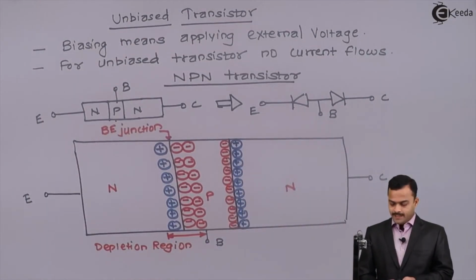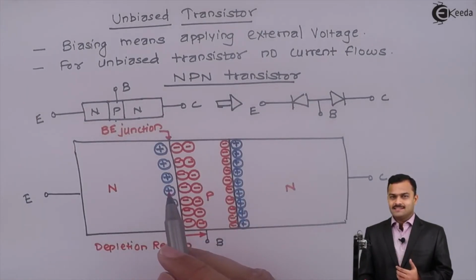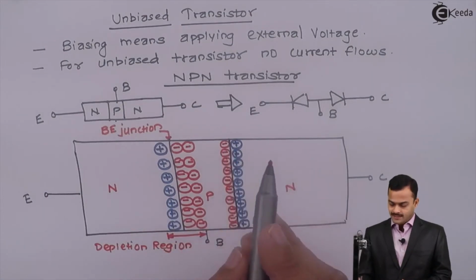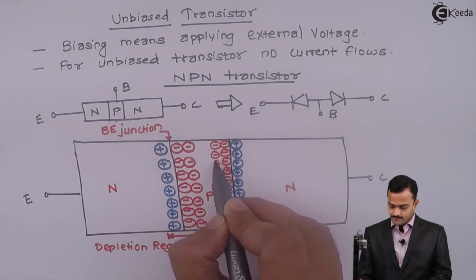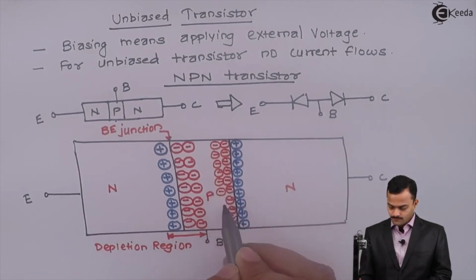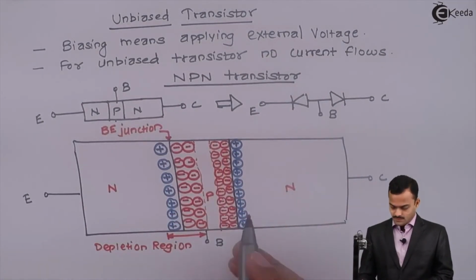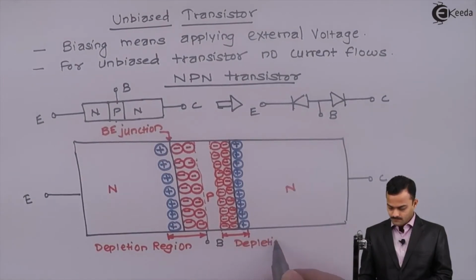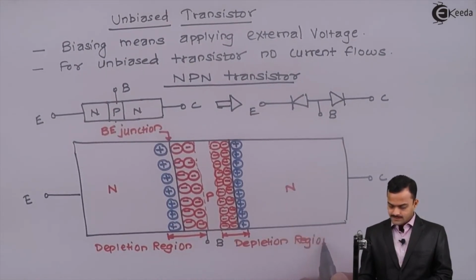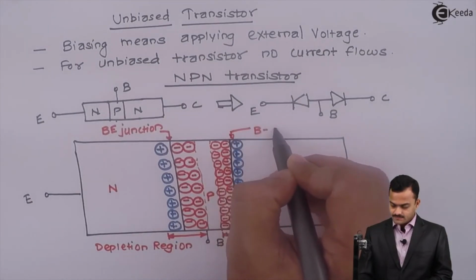Again, being a lightly doped area, the depletion region penetrates more in the lightly doped area. So overall the depletion region is like this. This is a depletion region, and that is occurring at the base collector junction.